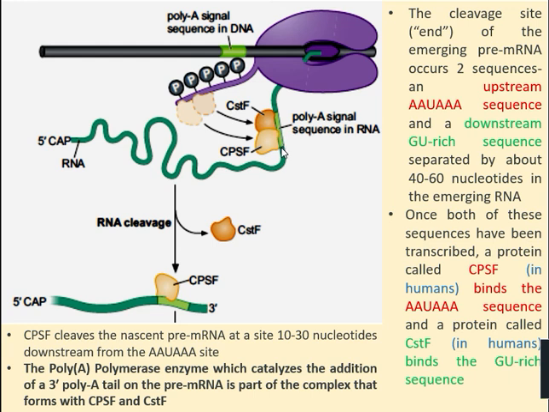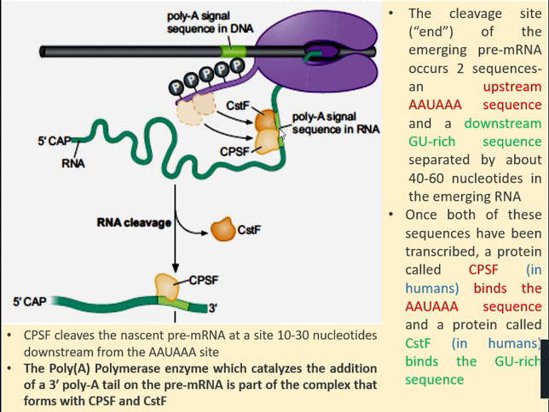Imagine this is the actual end site. There will be a specific sequence before it, which is the AAUAAA sequence. So, there will be an upstream AAUAAA sequence and a downstream GU rich sequence. In between lies the actual end site.